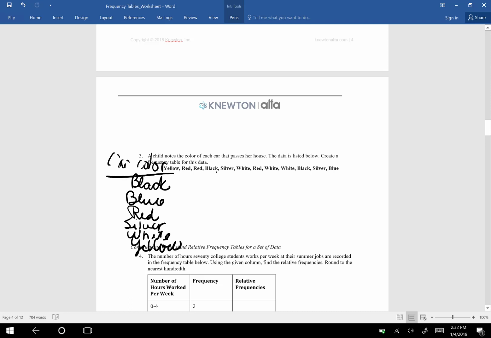Then we just count in our data how many of each one there is. So it looks like there's 2 blacks, 1 blue, 3 reds, 2 silvers, 3 whites, and 1 yellow. And we have a frequency table.